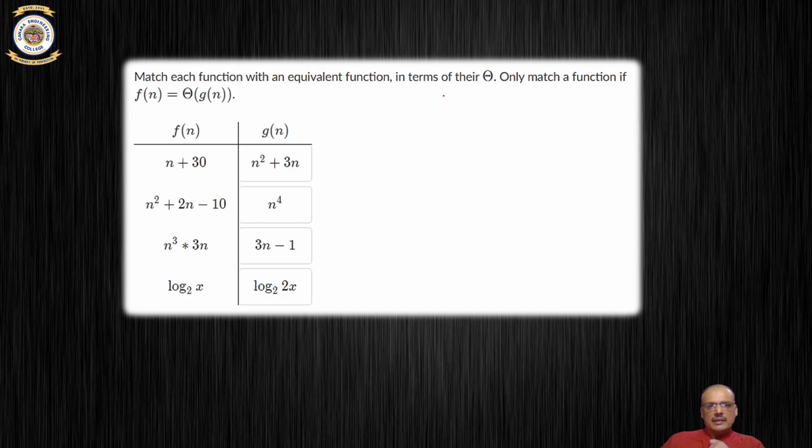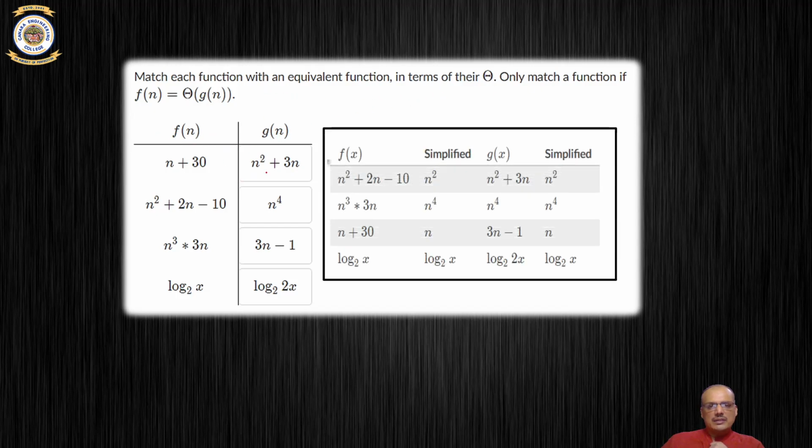The last one: match the equivalent. Tell us which is the big O of which. Here this becomes the big O of this because n square plus 2 of n, both of them have a big O of n square. In this particular case it is this one.